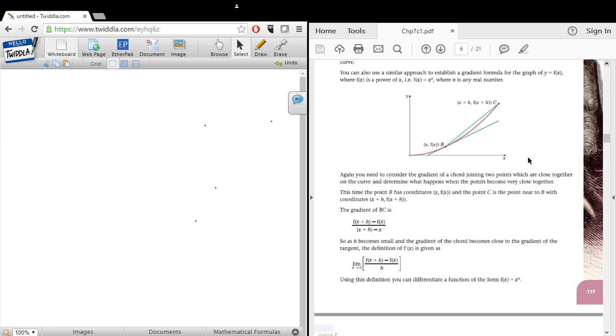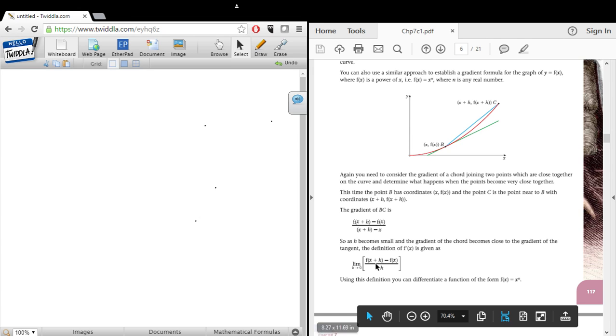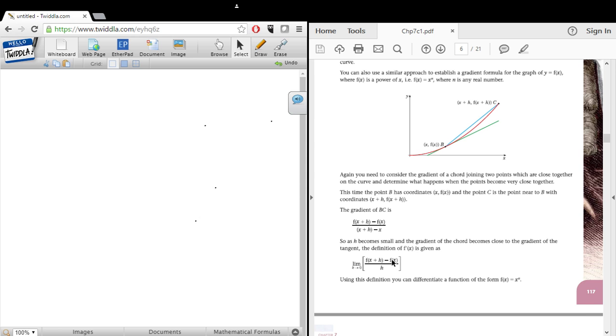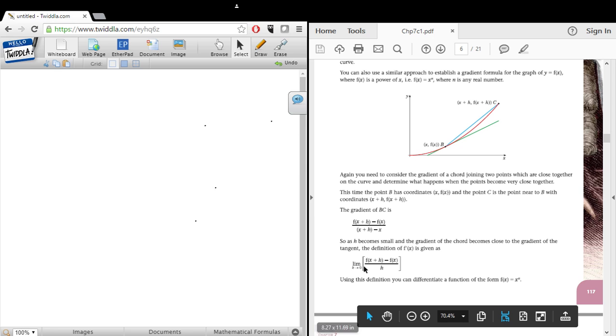call a particular movement in the coordinate space. So as you have x plus h, you move by h units, you take away the original f(x) and you divide by h.